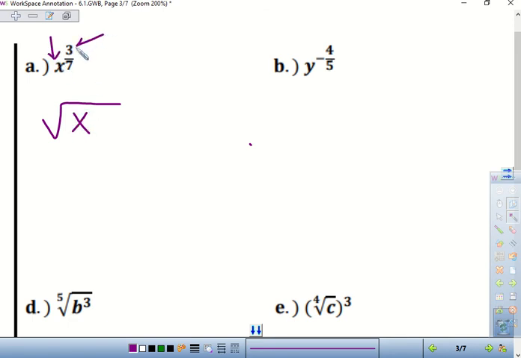Whatever the numerator of your fraction is going to be the power on the inside. And whatever your denominator is, what we call the index, that's going to go on the outside between the little V shape in your radical. Okay, and that's how you convert a fractional exponent into a radical.